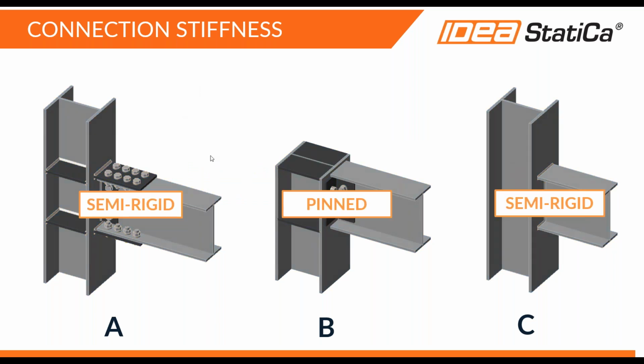If you were not completely successful, don't be sad. It was the same for me. I had to use IDEA StatiCa Connection and calculate the stiffness using the stiffness analysis. My tips were semi-rigid, pinned, and rigid, but this is the actual state.